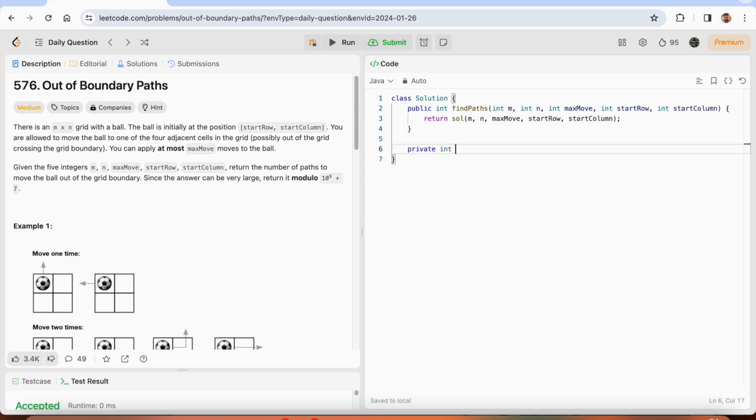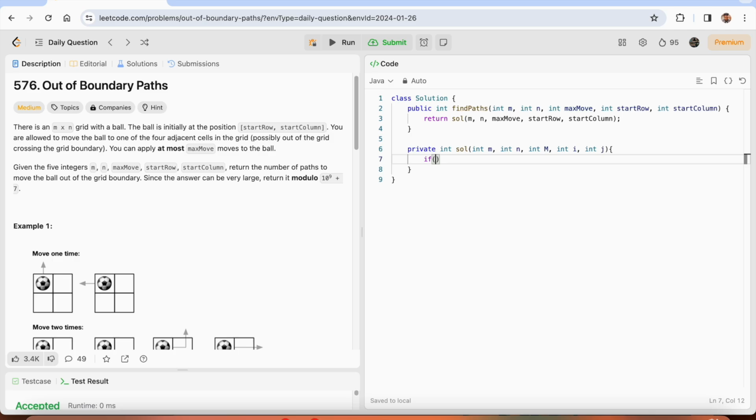So private int solution, int m, int n, int M is the maximum moves, int i, int j for the starting position at any call.